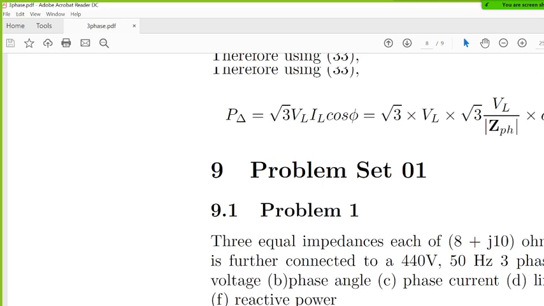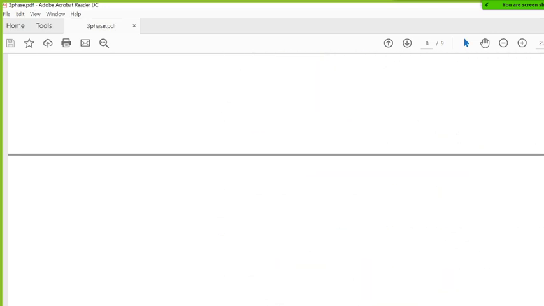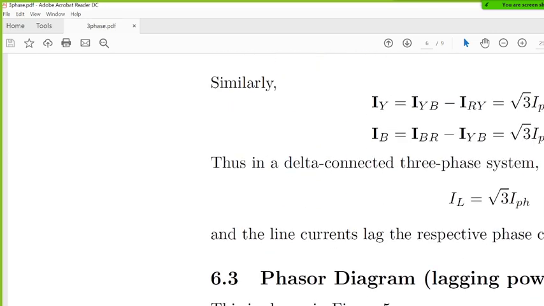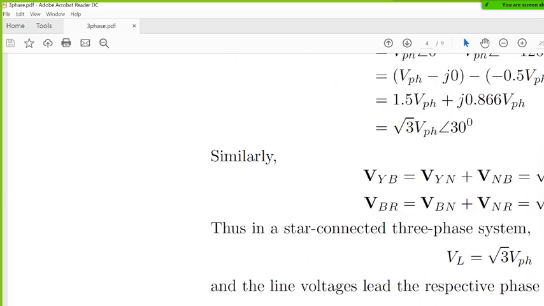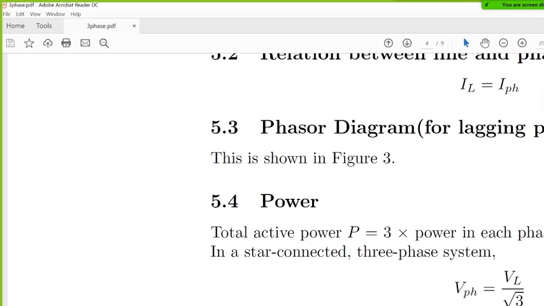So yesterday we did, I think, up to this point, right? Up to delta, we have finished star connection, right? This 10, 11, 12, this was done yesterday. Yesterday up to 14 was done, or something was missing.